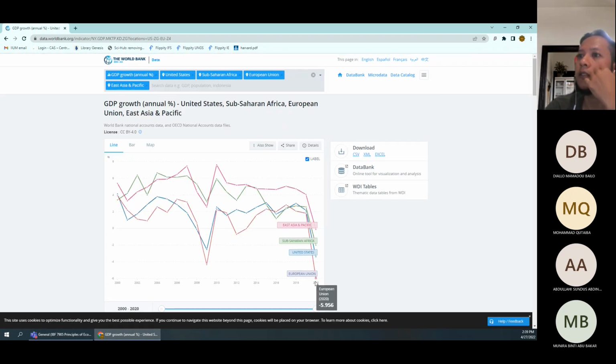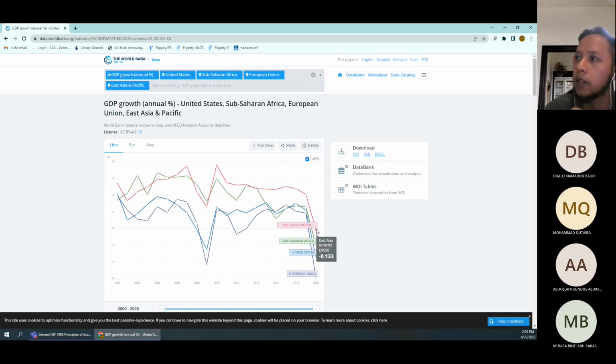So you can see in 2020, the figures were all negative growth. So all the economies in the world had negative growth. Our economy basically reduced in terms of consumption, investment, government spending, and also net exports, because of the pandemic. So these are the figures that we can see.